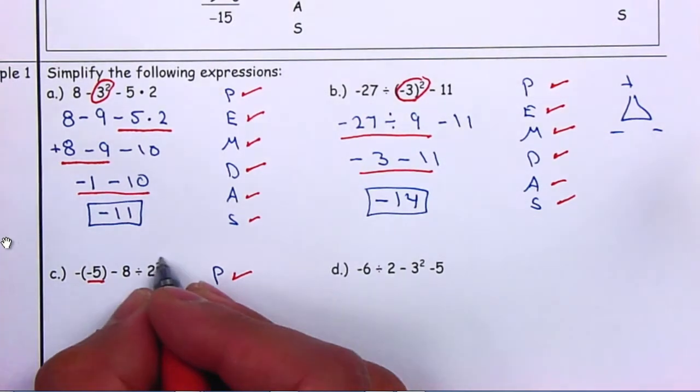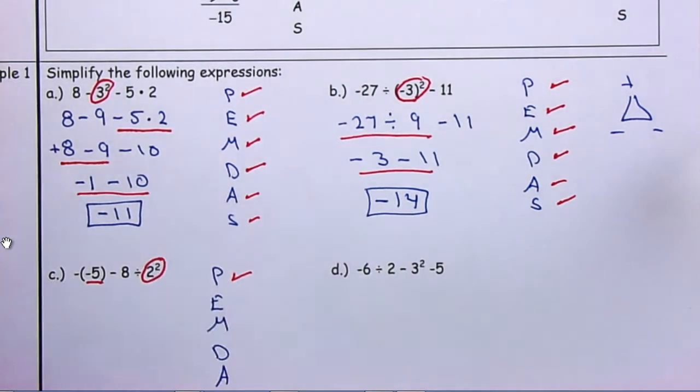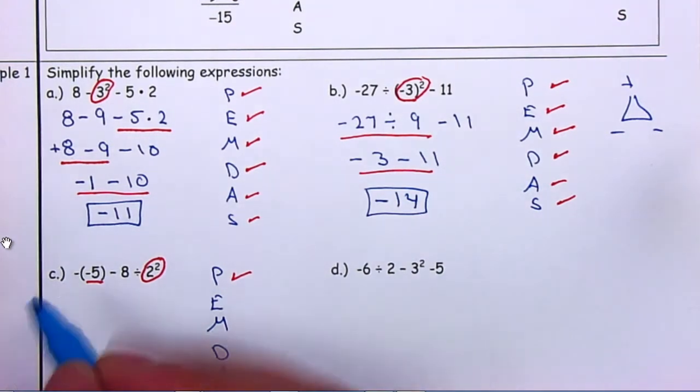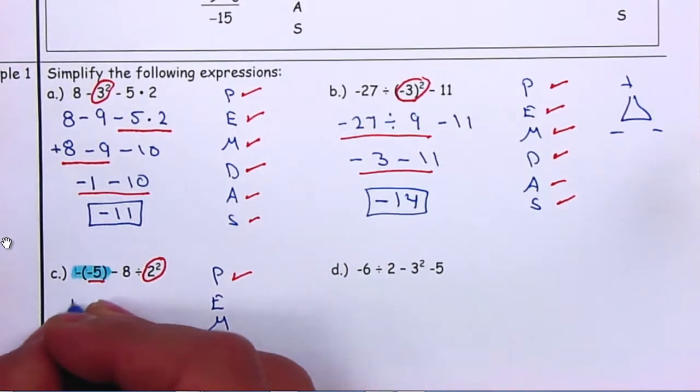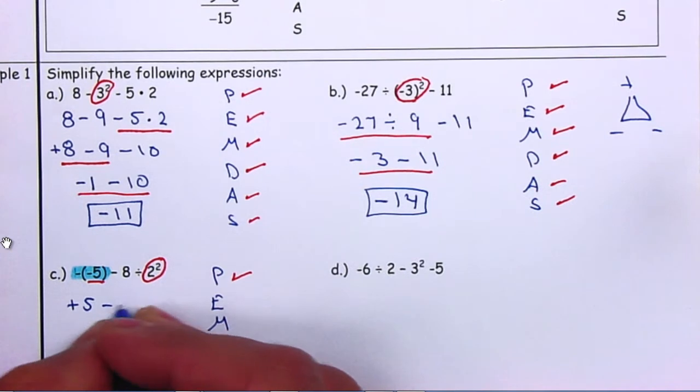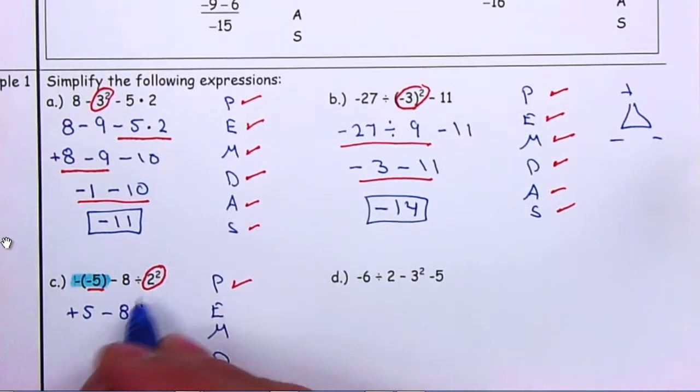Exponent, we do have an exponent, is being raised to the second power. Let's go and write everything down. If you guys remember, we have that double negative that we talked about before. So I'm going to highlight my double negative, and that double negative becomes a positive 5, so it'll be just plus 5 minus 8 divided by 2 squared, 2 times 2, which is 4.